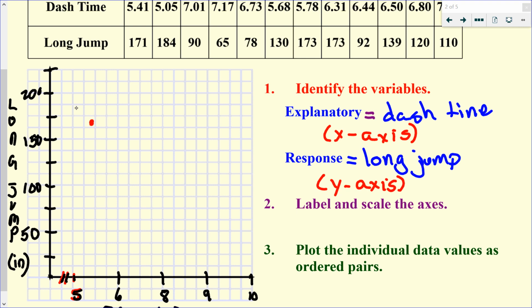So I'm guessing that's probably okay. 7 and 90. Wow, just realized I scaled that wrong. So let me fix that scale before I get too far. That's just going to be in red. 7, 8, 9. Okay, so 7, 90.